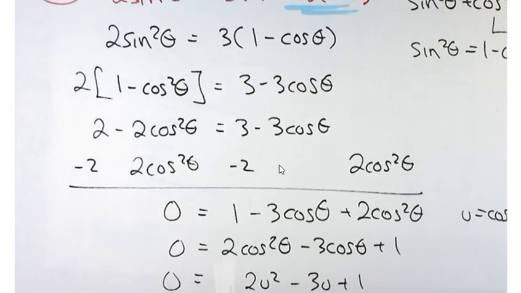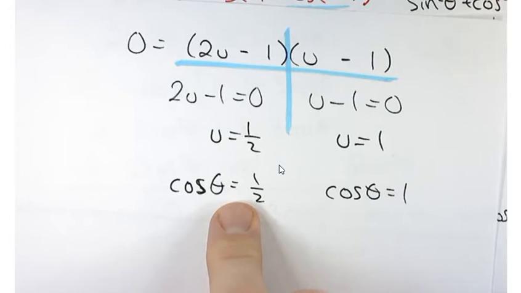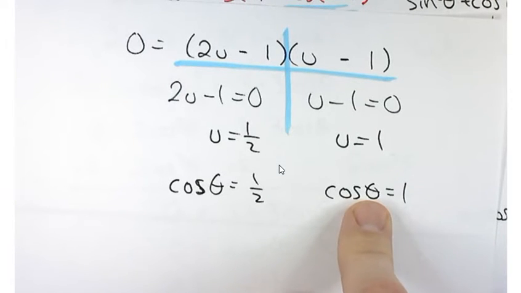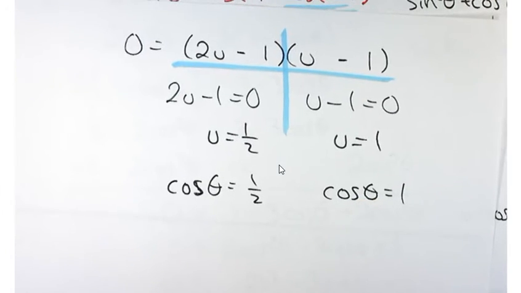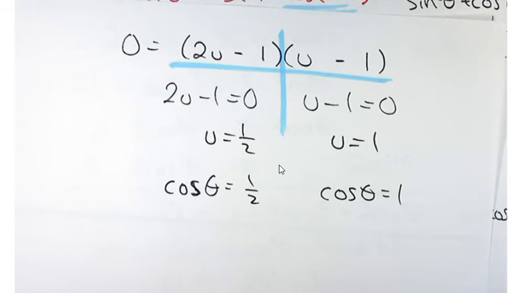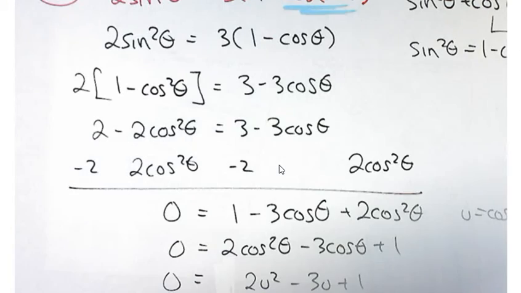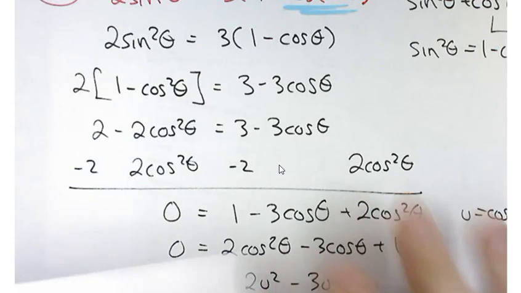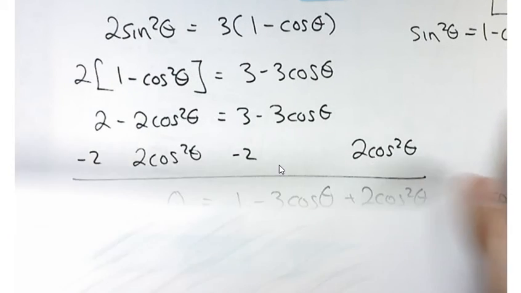You remember at the end we ended up with cosine of theta equals 1/2 and cosine of theta equals 1. If we divide it out, I think we'd be losing a solution because we'd end up with a linear equation as opposed to a quadratic equation. So it's a good suggestion. It's very insightful. I'm impressed.